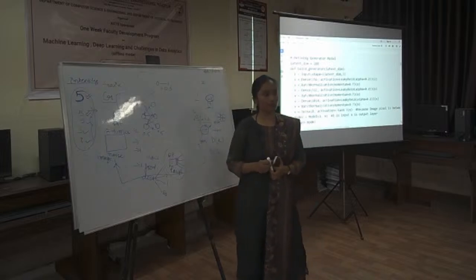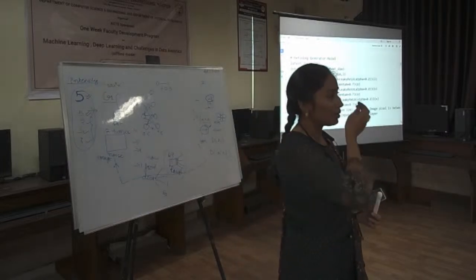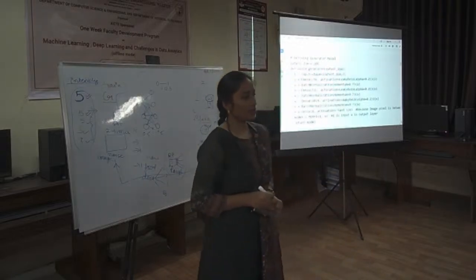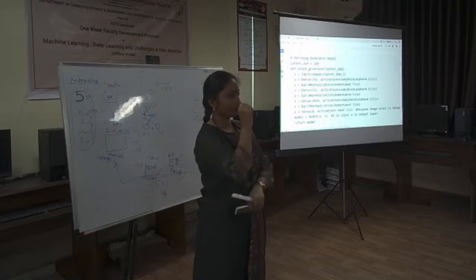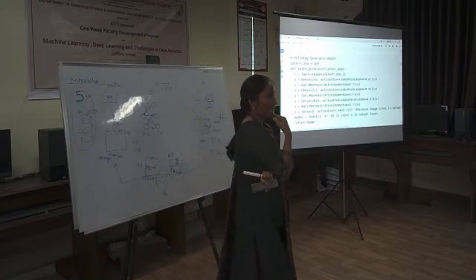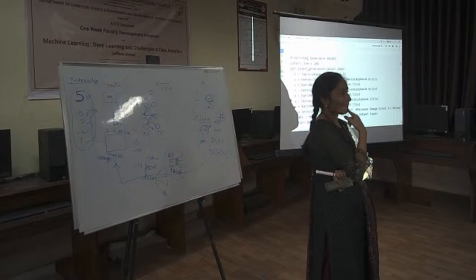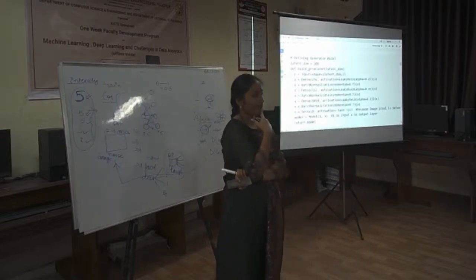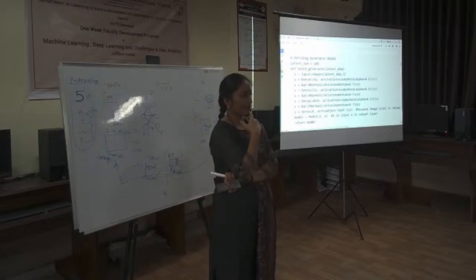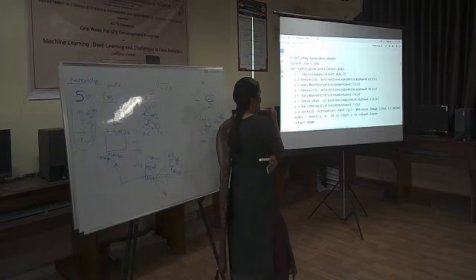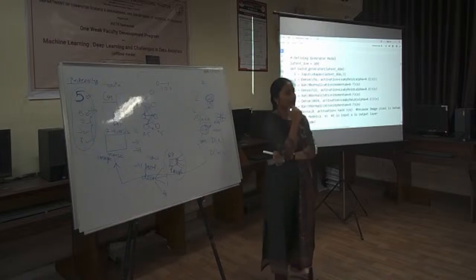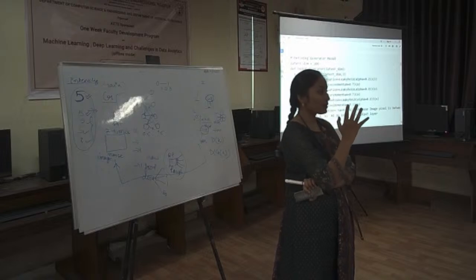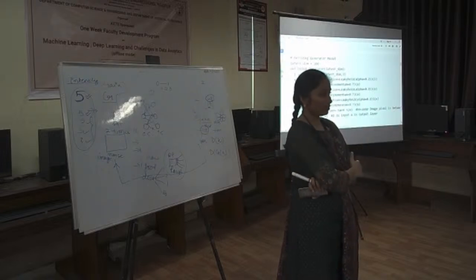Why am I taking leaky ReLU? What is ReLU? ReLU will provide the result in terms of 0 and 1, right? But we have to take certain inputs always from the discriminator, right?